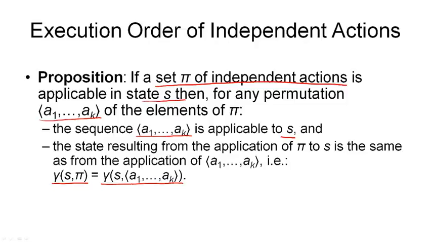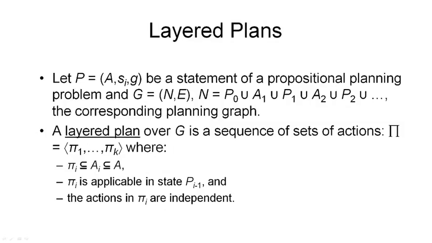And remember, this does not depend on which sequence we've chosen. So we can take any permutation and the resulting state will always be the same as when we apply the set of independent actions. That simply means we can forget about the execution order of independent actions because we can take any order we like.